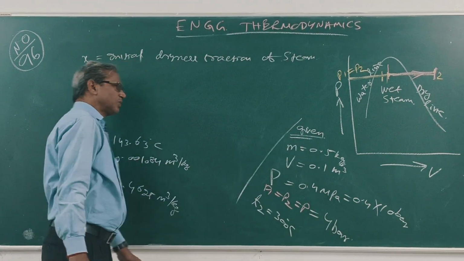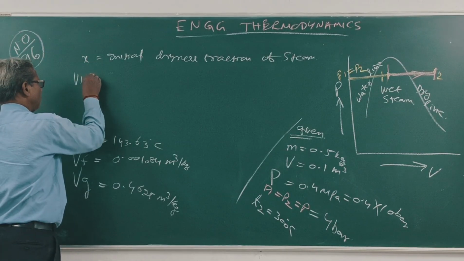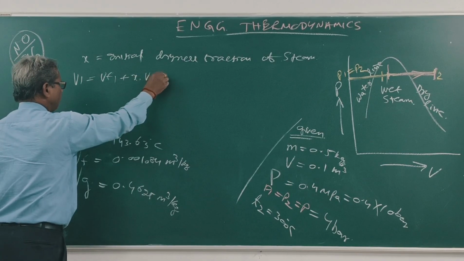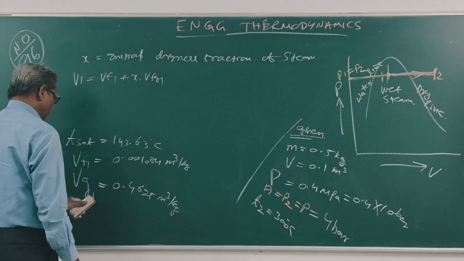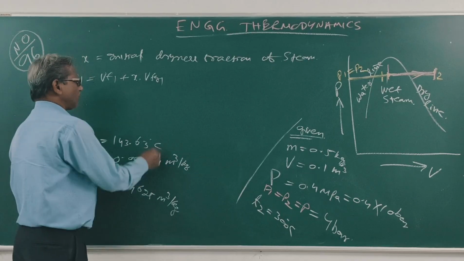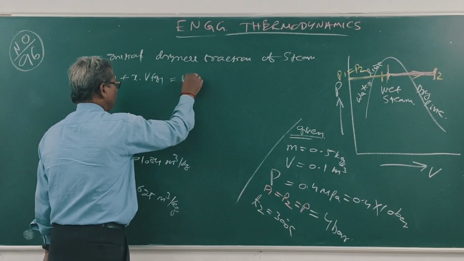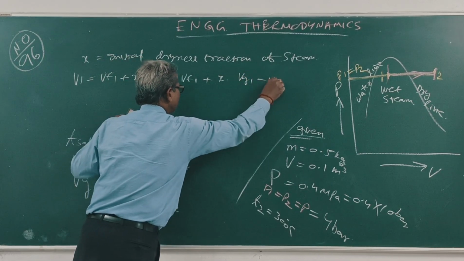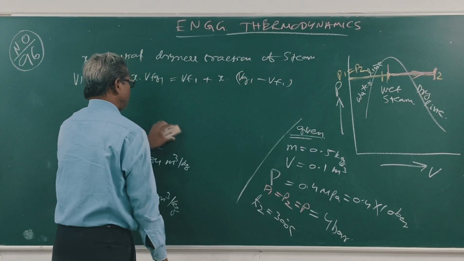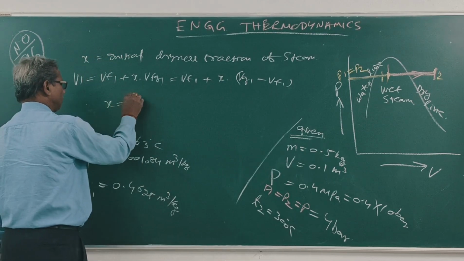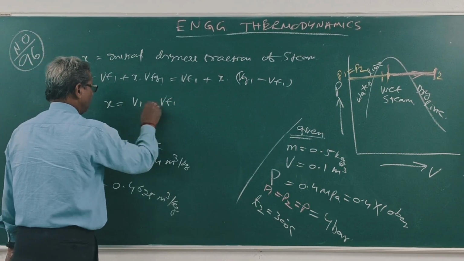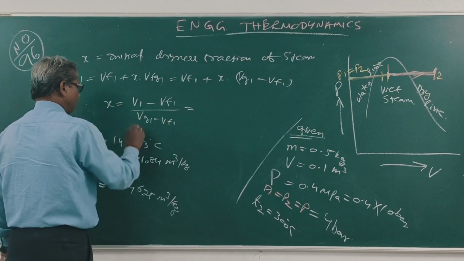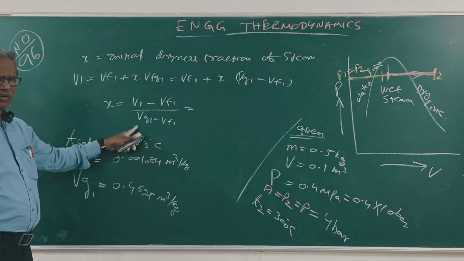Now, v1 is equal to vf1 plus x into vfg1, but vfg is not given in the steam table. So this is equal to vf1 plus x into (vg1 minus vf1). So x is equal to (v1 minus vf1) by (vg1 minus vf1). Clear? From this equation I will find x.